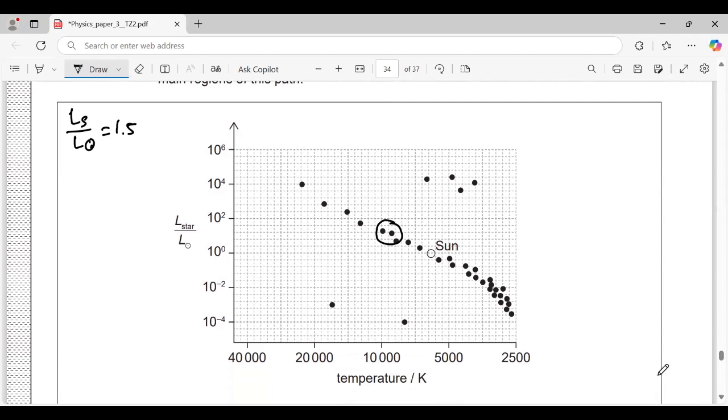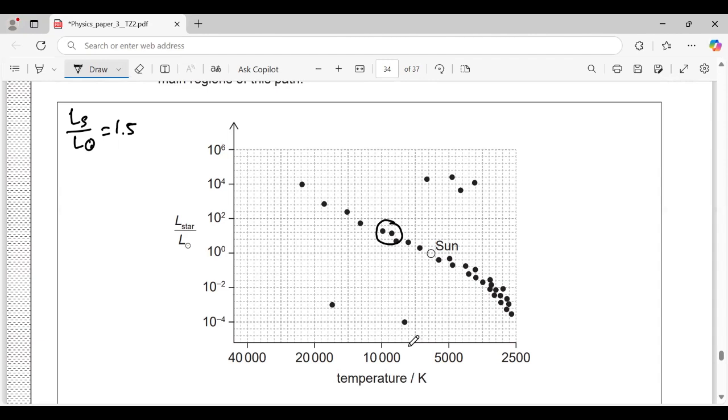When Alpha Centauri A uses up the hydrogen in its core, it will expand into a red giant. The core will contract and heat up, and the outer layers will expand and cool. So the star will be cooler but more luminous.